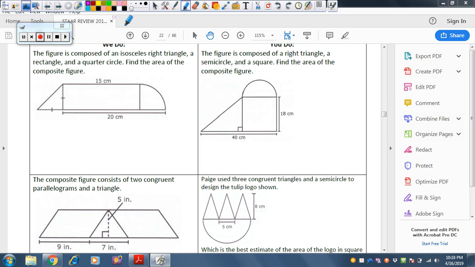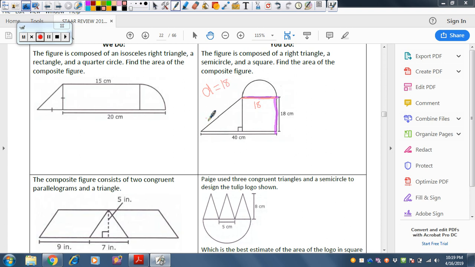All right, missing side length on this one. If this is 18, then this is 18. That gives you the base 1 of your trapezoid. It also gives you the diameter of the circle.